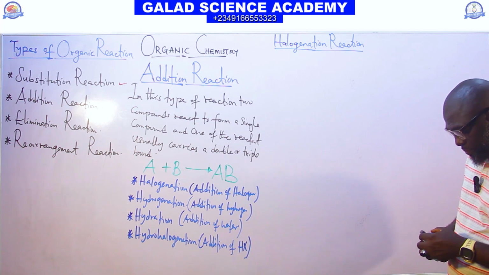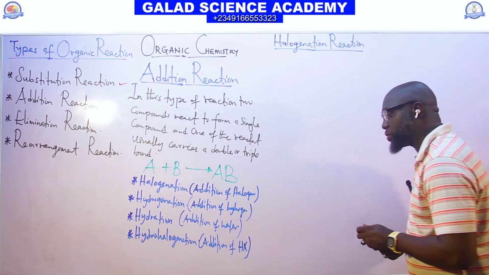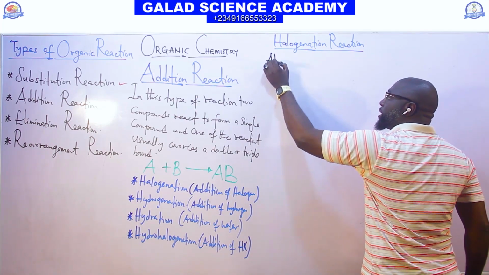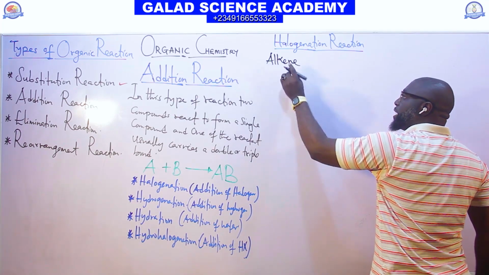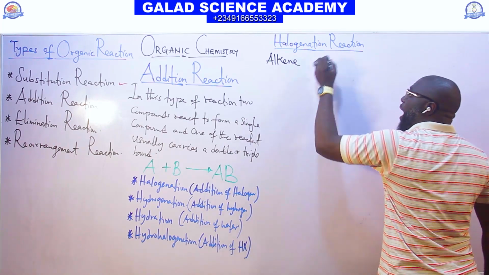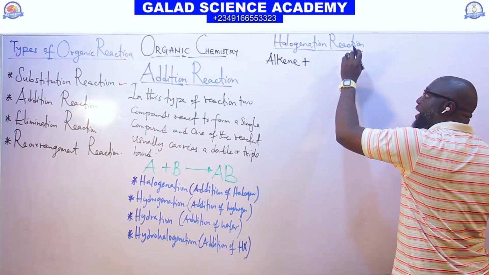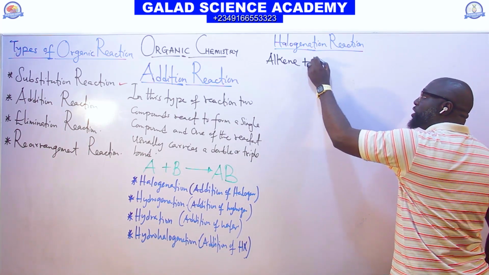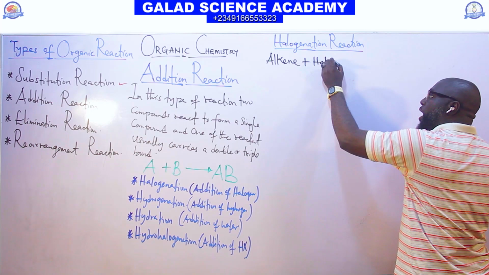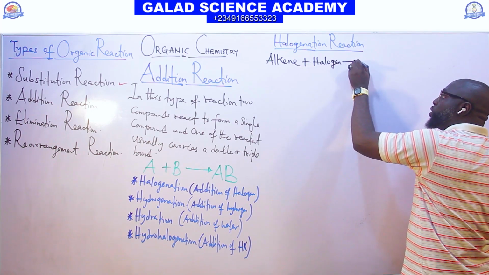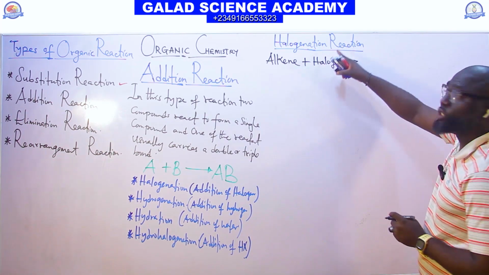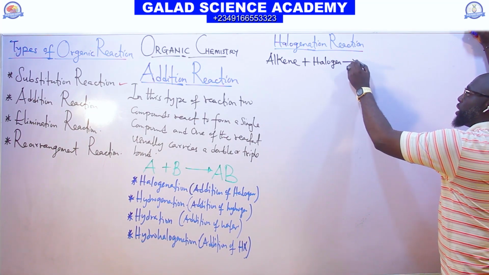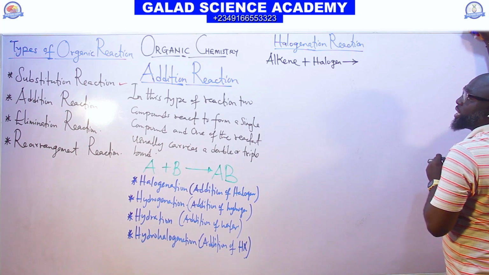Let me take this as a case study. If I halogenate an alkene with a double bond, I'm trying to add halogen to it. Plus halogen is called halogenation reaction.